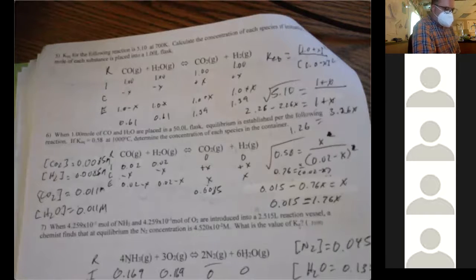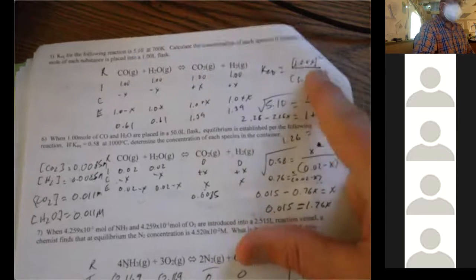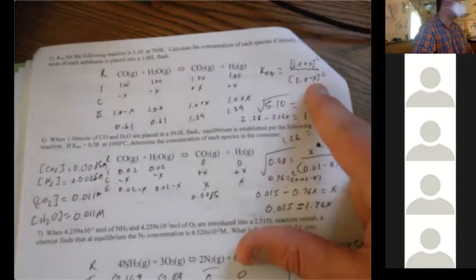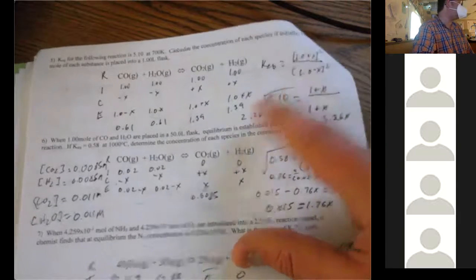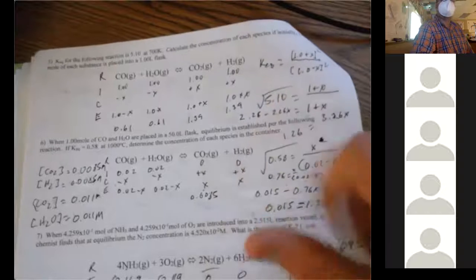What did you do? 5.1 over 5? Help me out. Which one? I'm going to use a solver. But what I did is, since I have X, both of these are squared right here, what can I do? I can square root this whole thing. So that's what I did here, and I square rooted it.